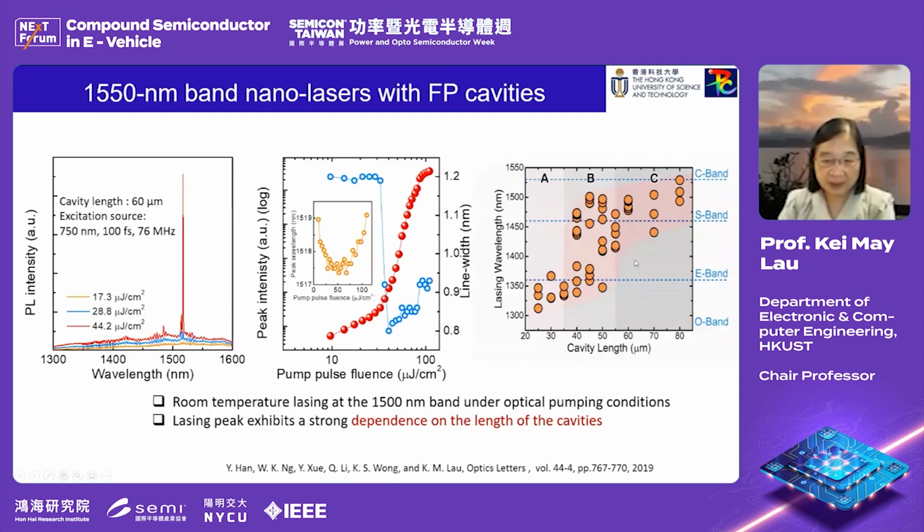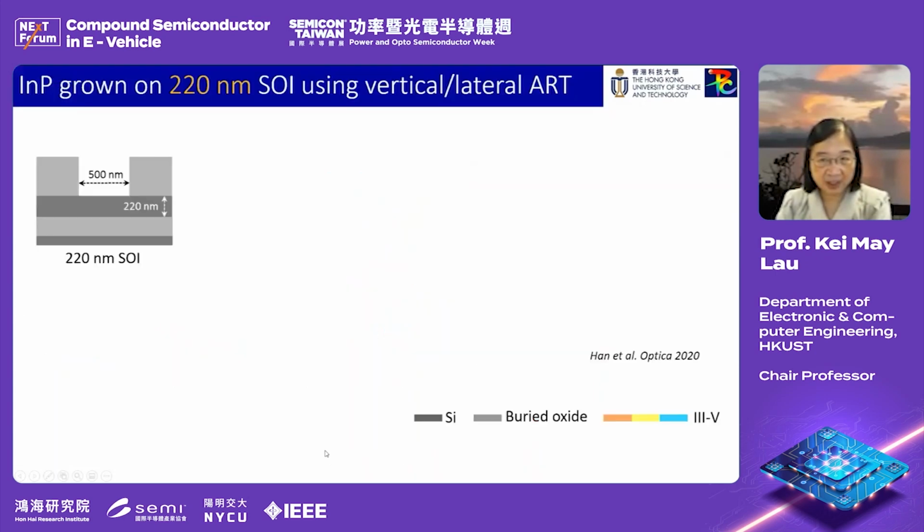And one thing very interesting that we find is that it depends on the cavity length, and you can actually tune the lasing wavelength. This is with the same quantum well that we grew, that can cover from 1.3 micron to 1.55 micron. And we reported this a couple years ago. So it depends on the length of the cavity, and you can check it out.